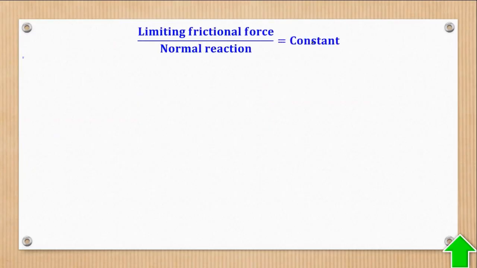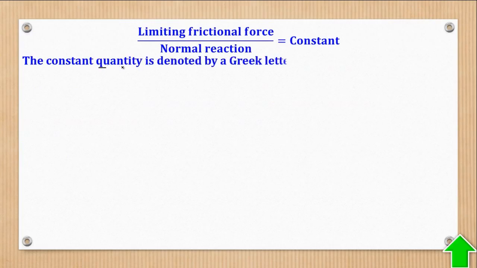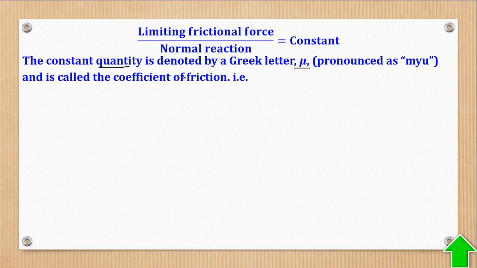So let's try to show it here. Limiting friction over normal reaction is constant, and this constant quantity is denoted by Greek letter mu, and that is what we call coefficient of friction. So coefficient of friction is the ratio of limiting friction force to normal reaction. Therefore, we can now confidently substitute.